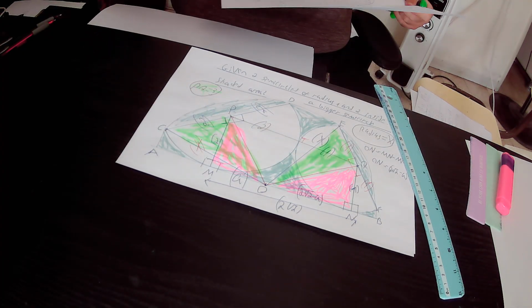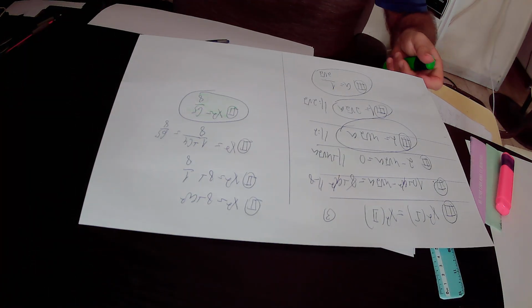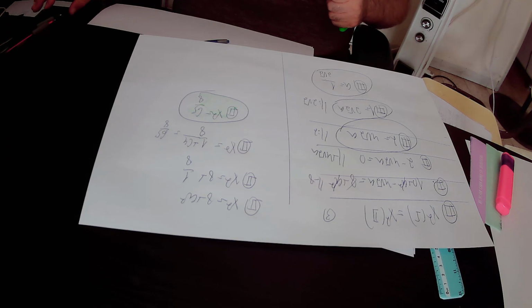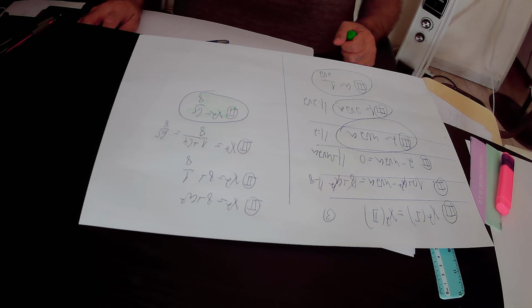So our task is to find out the area of the green shape.